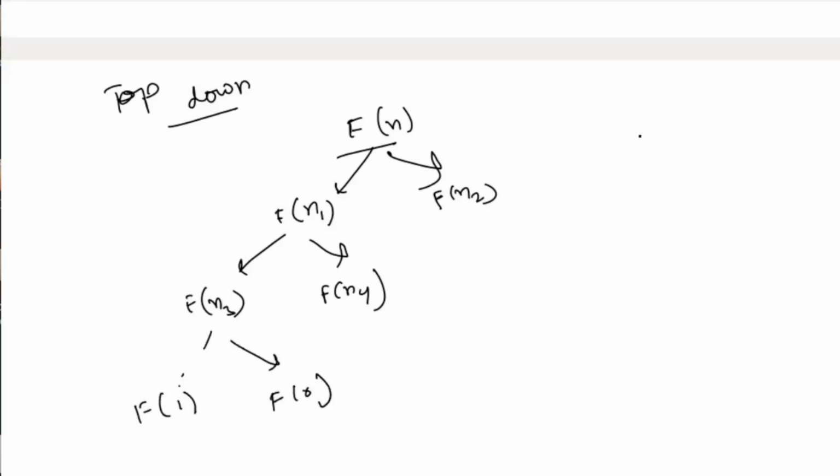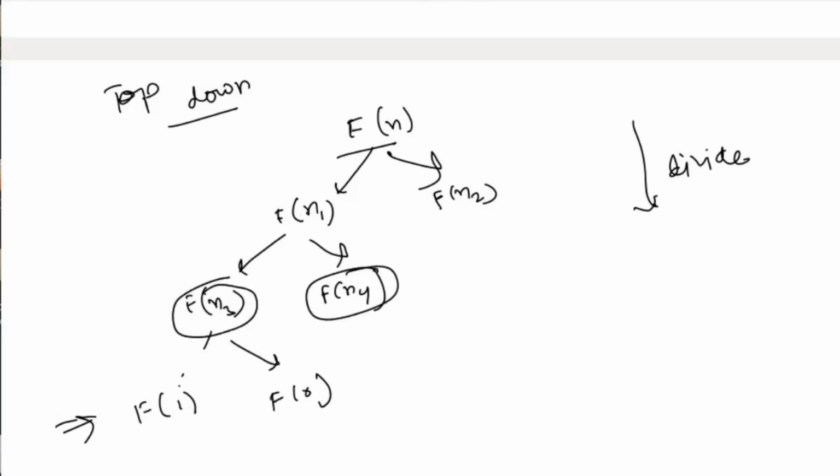So your first step is to divide the bigger problem into smaller subproblems. Now you know the results of these smaller problems. So what you do is you combine them, then you will get the result of this problem. Then you combine both of them to get the result of this problem.